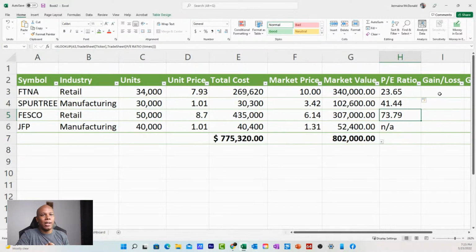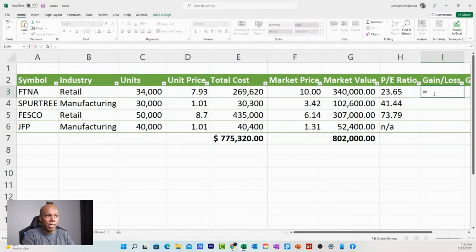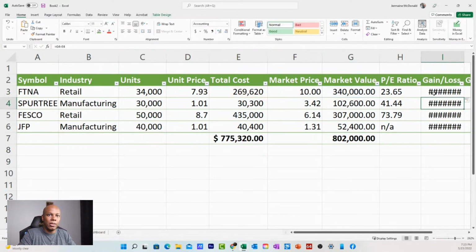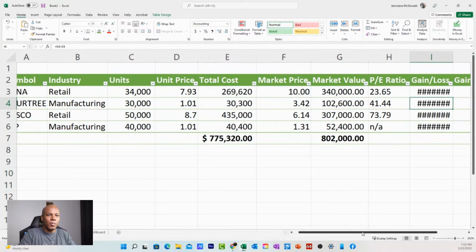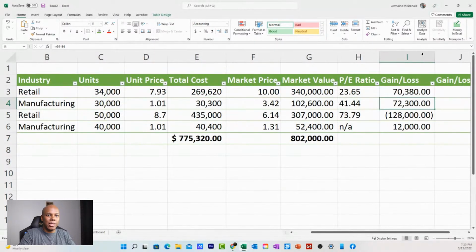If I want to see gain and loss, let us just do a simple calculation here. We can just minus the market value, that is G3, from total cost, that's E3. So let me zoom across here so you can see that.